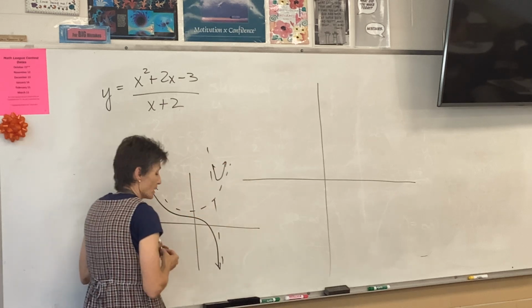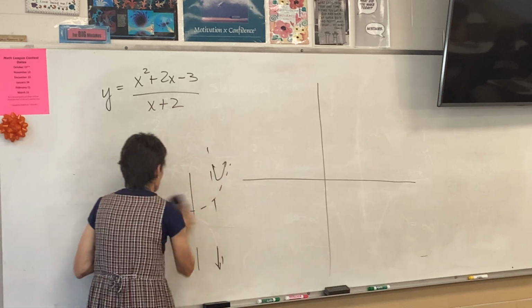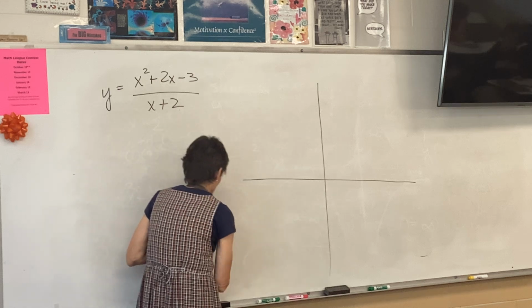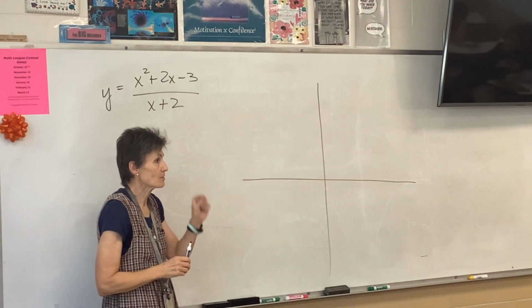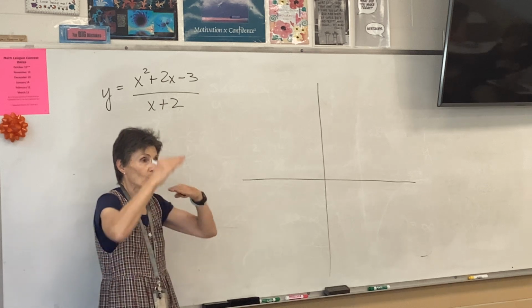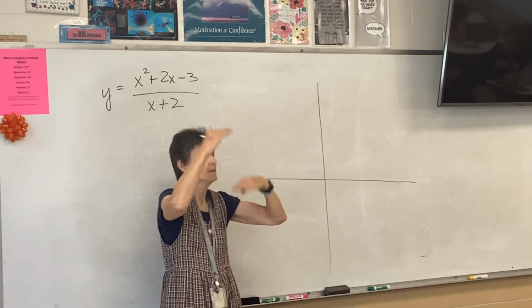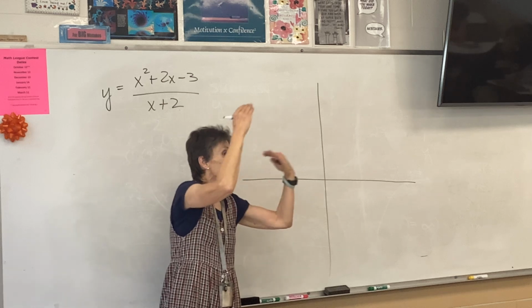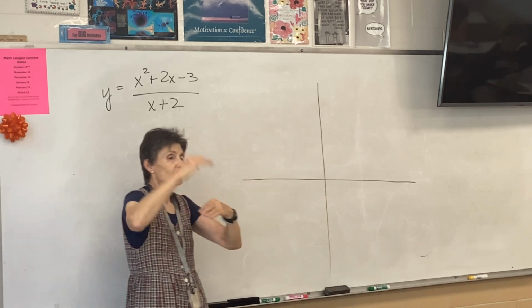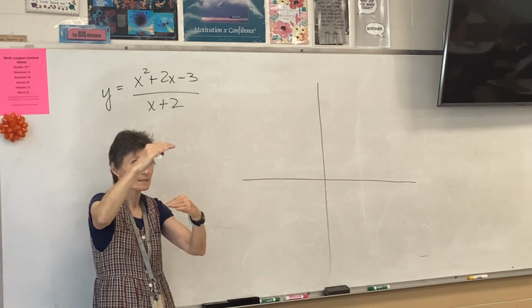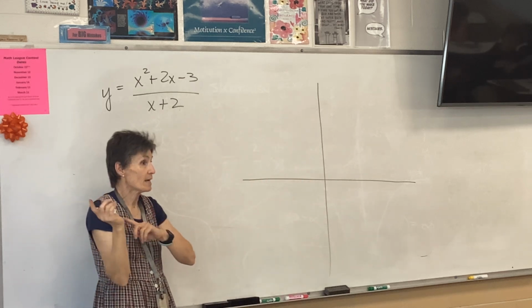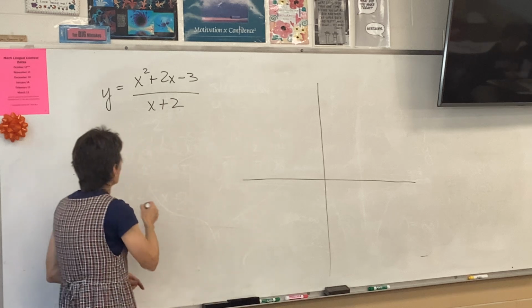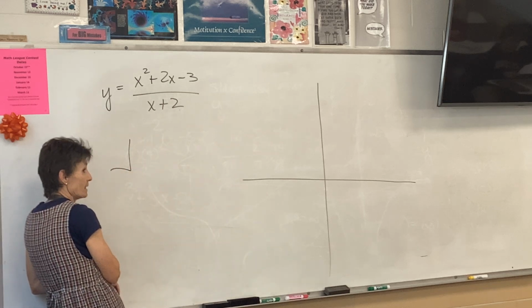No. But he asked the question, so I answered it. We have a horizontal asymptote when we have x over x, x squared over x squared, something like that. If we have x squared over x, or x cubed over x squared, we're going to have a slant asymptote. And Elijah said, let's find it.